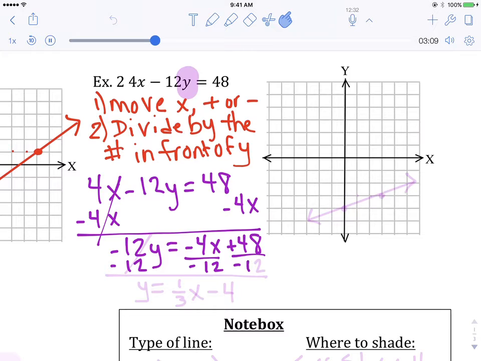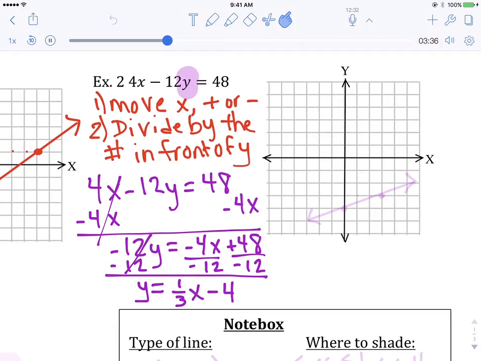And remember, you want to divide every term by that -12. So those 12s are going to cancel, and you're going to be left with y equals a negative divided by a negative is going to give you a positive 4/12, which is the same as 1/3 x. And then a positive divided by a negative is going to give you a negative, and 48 divided by 12 is 4.